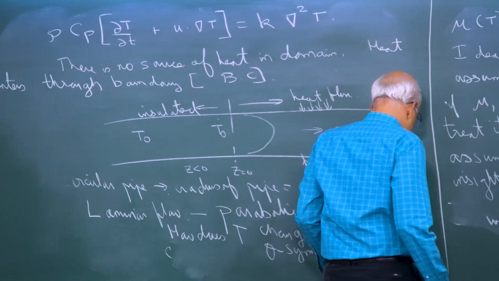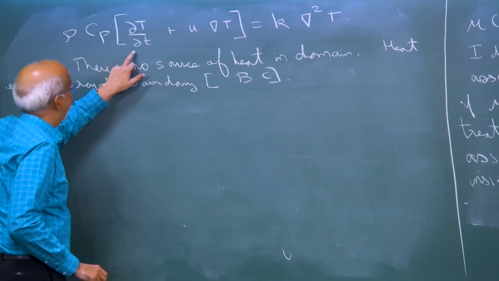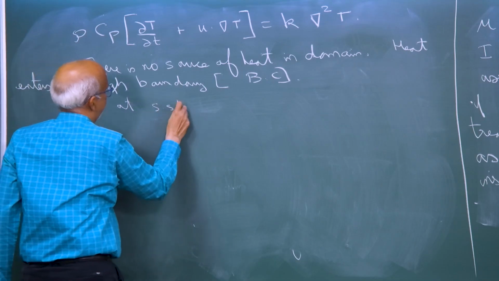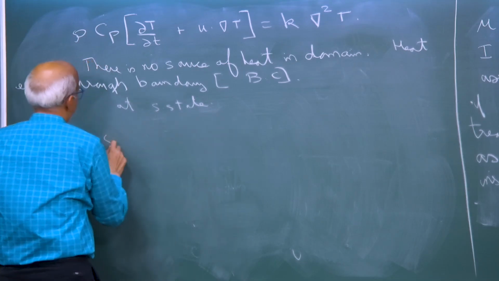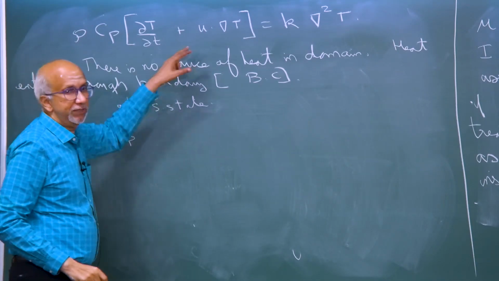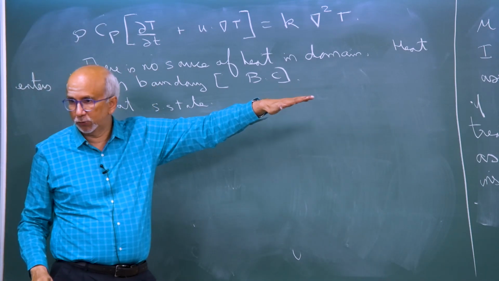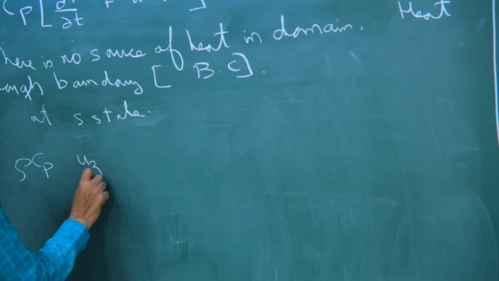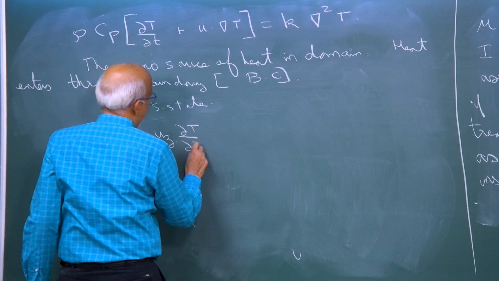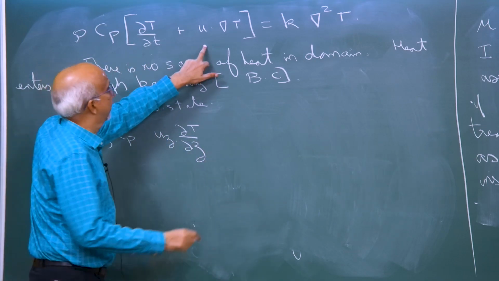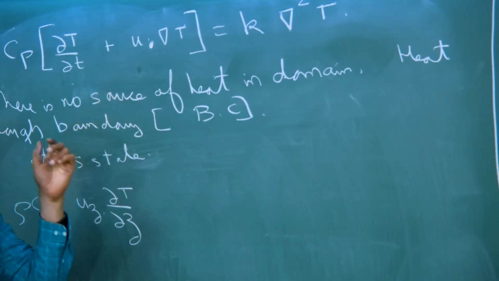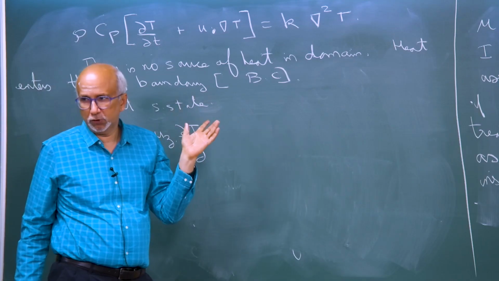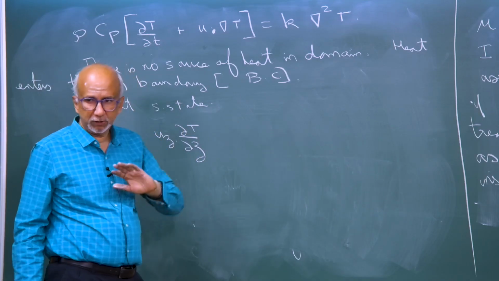Now let me get rid of this time derivative term, because of steady state. At steady state, I have rho Cp, and there is only one velocity component, which is the axial velocity component uz. There is uz dT/dz. This is the only term which is going to contribute here. This is u dotted with gradient of T, only component is uz, other velocity components are 0, because we are assuming fully developed flow.